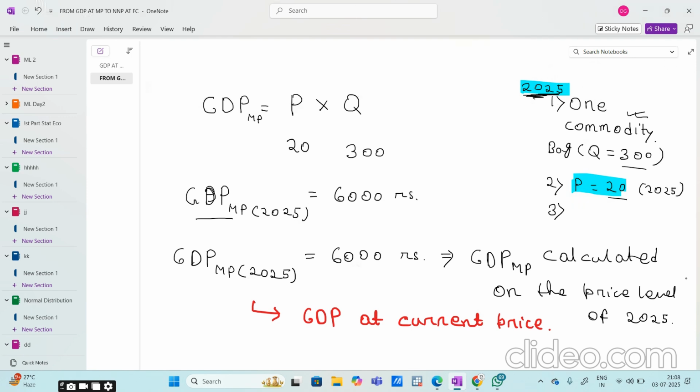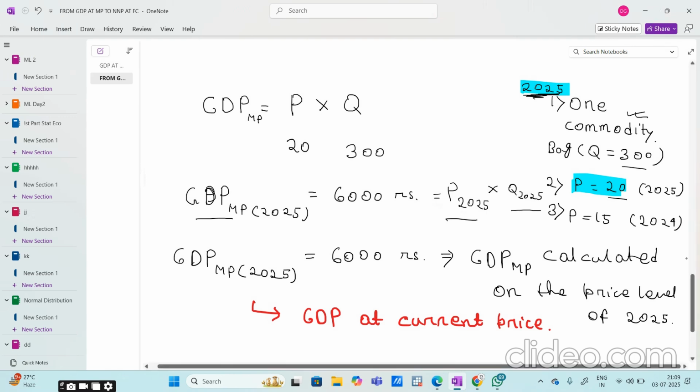But the price of the commodity, that is bag, in 2024 was not 20 rupees, it was probably 15 rupees. So now if I multiply this GDP at market price, this 6,000 rupees, how is it derived? It is derived with price of 2025 into quantity sold in 2025. Price of the bags in 2025 multiplied with quantity of bags sold in 2025.